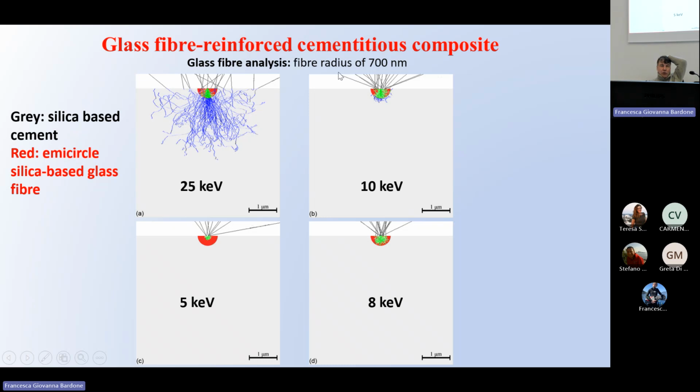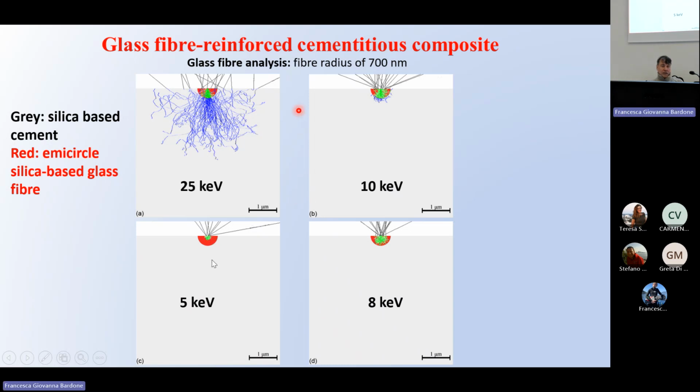If you have your material, which in this simulation is a fiber radius of about 700 nanometers, and you focus your beam in this position, as a function of the energy of your beam, look how much is localized the information. With 25 kilovolts, your electrons pass through your object, which is almost 1 micron inside, pass through, and you have generation of other things from all the other part.